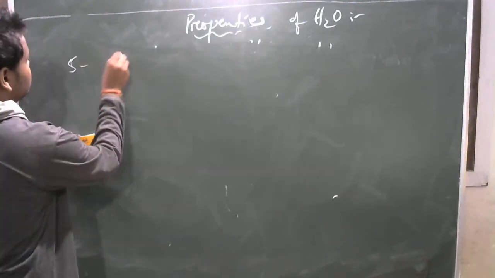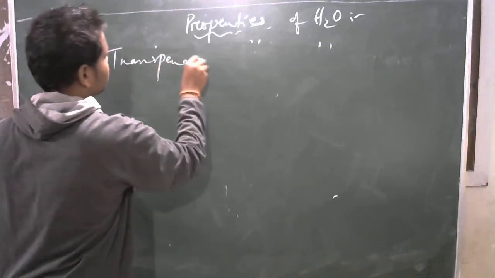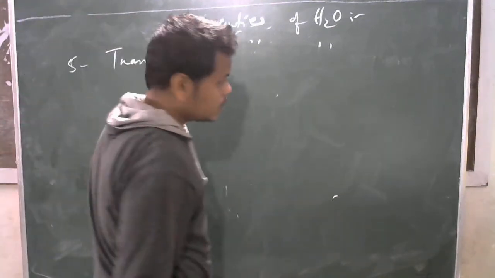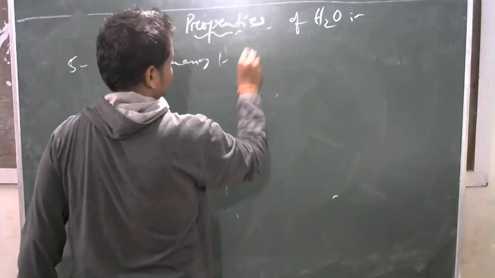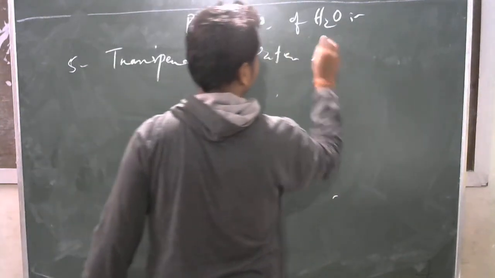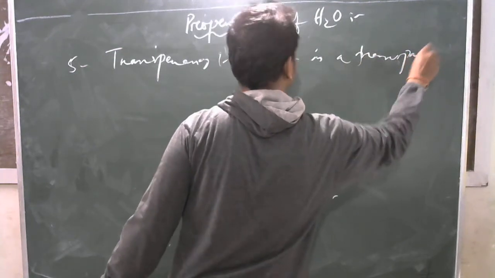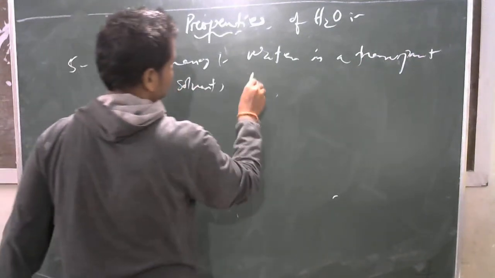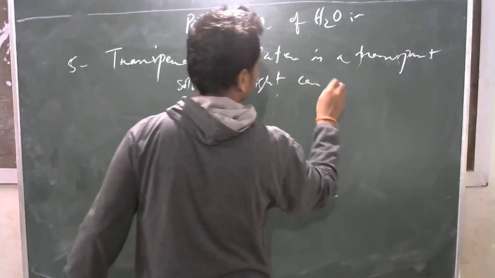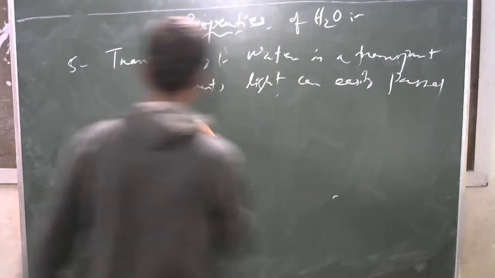The next property is transparency. I discussed transparency earlier. Water is a transparent chemical solvent. That means light can easily pass through it.